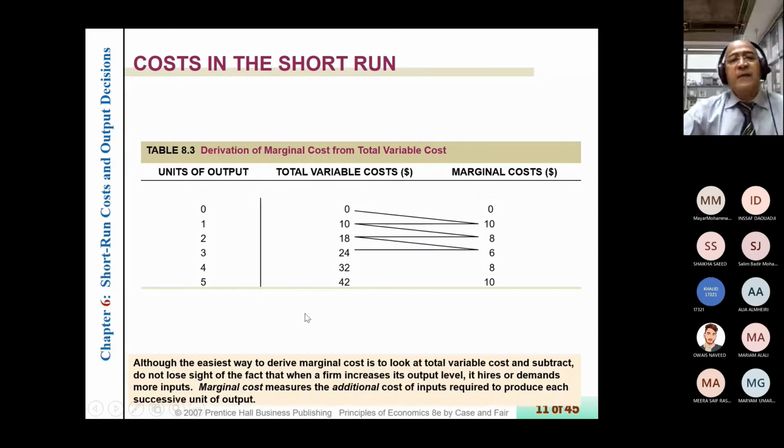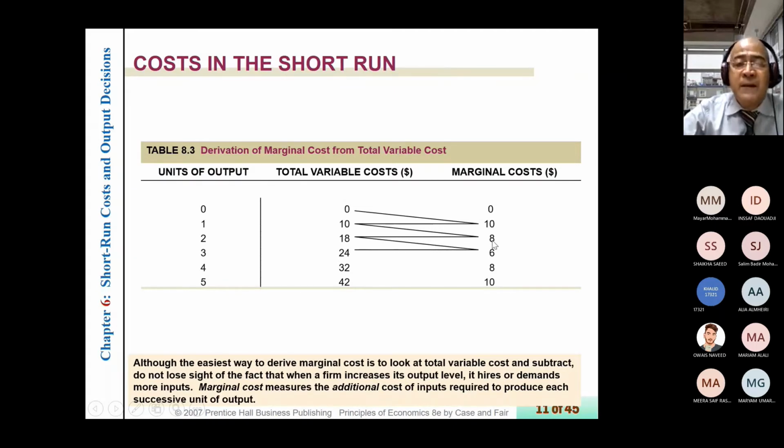See here this numerical example. Output increased from 1 unit to 2 units. Total variable cost increased from 10 to 18. So what is the increase in total variable cost? 18 minus 10 equals 8.